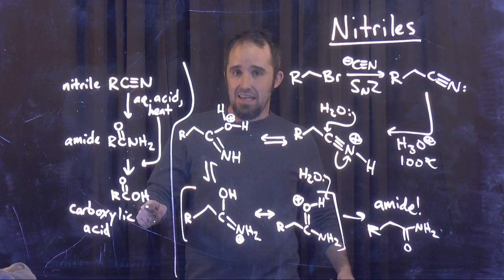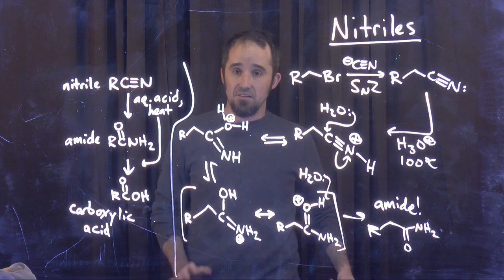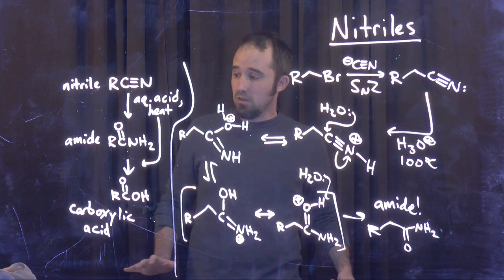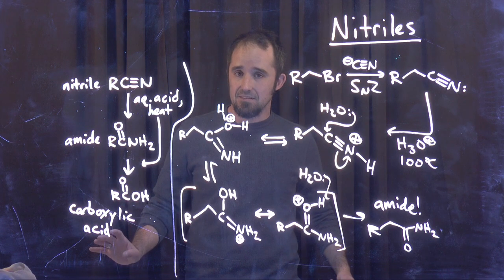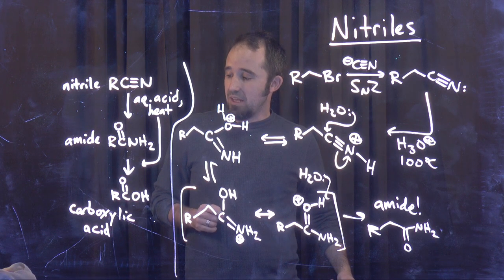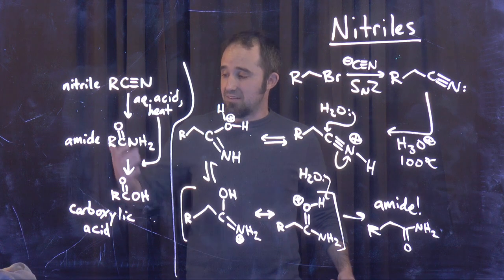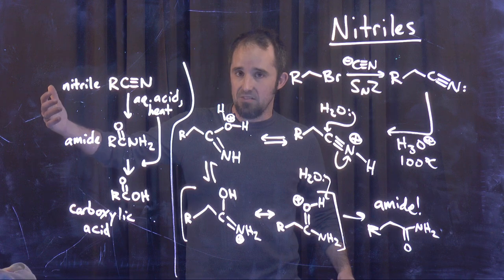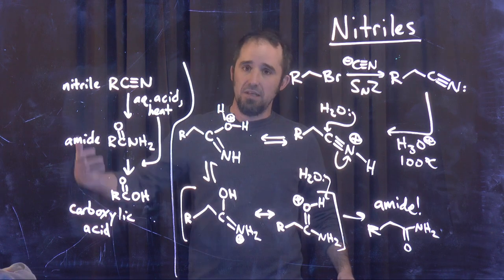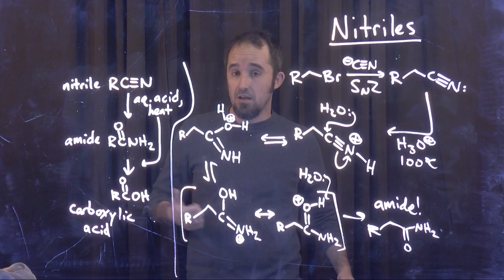As a homework doer and test taker in this course, you might be concerned: how will I know whether it's going to stop at the amide or stop at the carboxylic acid? I think that in a homework question, I would accept either of these. If I were to ask you what happens when you cook a nitrile in aqueous acid, either of these could be a correct answer, for one thing.